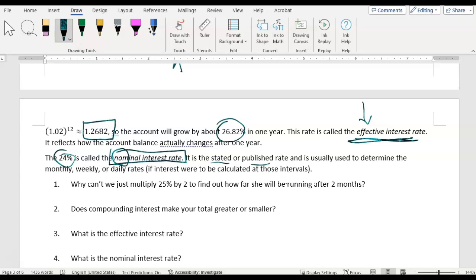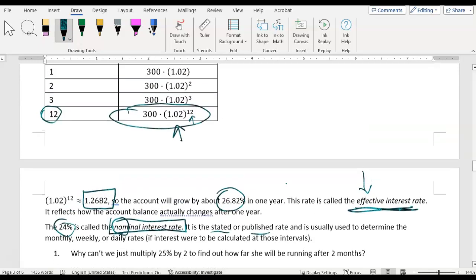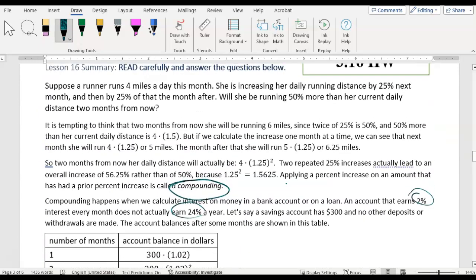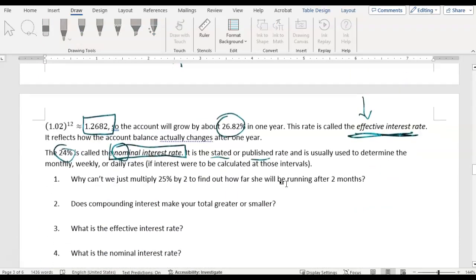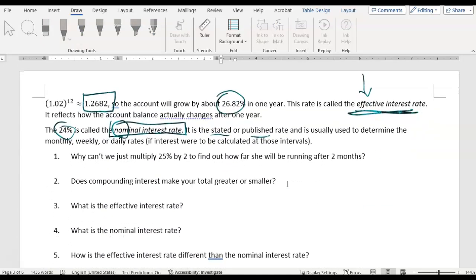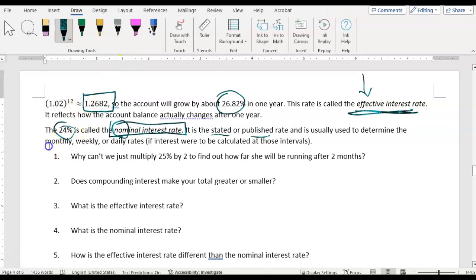So why can't we just multiply 25% by 2 to find out how far she'll be running after 2 months in this first scenario for the running? And that's because she is increasing the distance. Oops. What happened to my pen? Hold on a second. There we go. Okay.